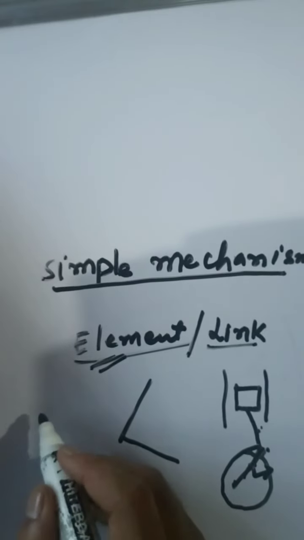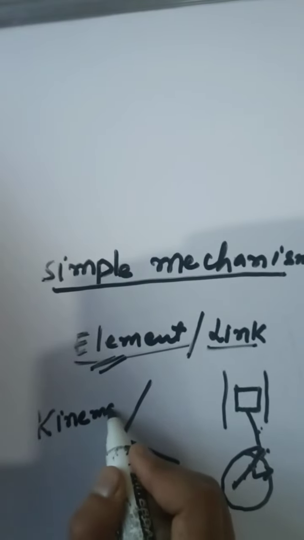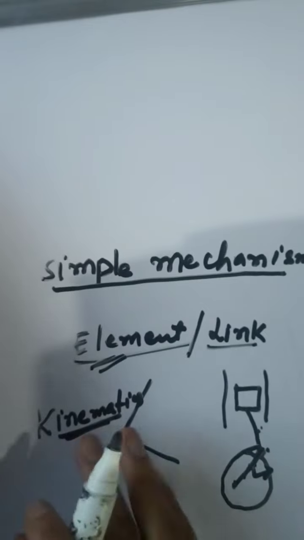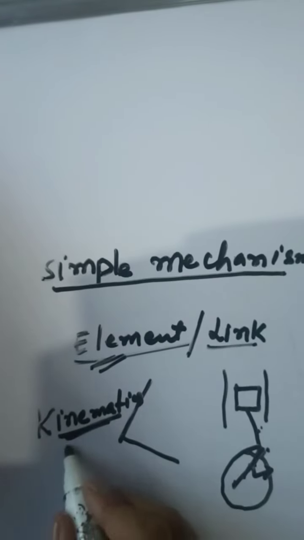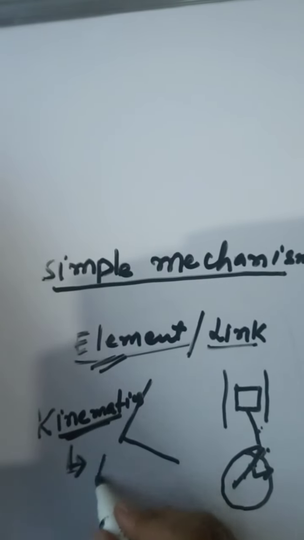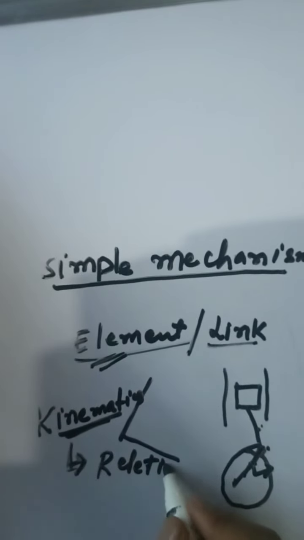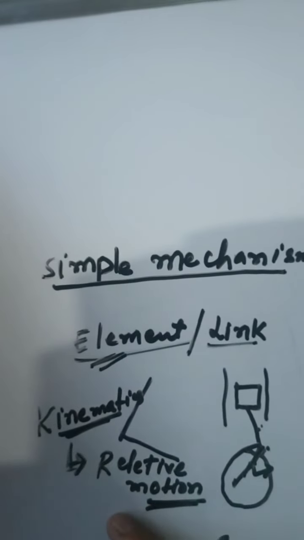Guys, here's another term called kinematics. What is kinematics? Kinematics is a branch of physics that deals with the relative motions of the objects. It only sees the relative motion.